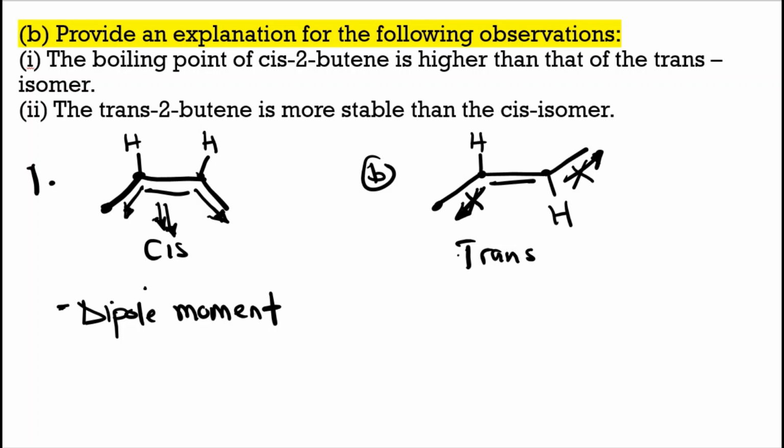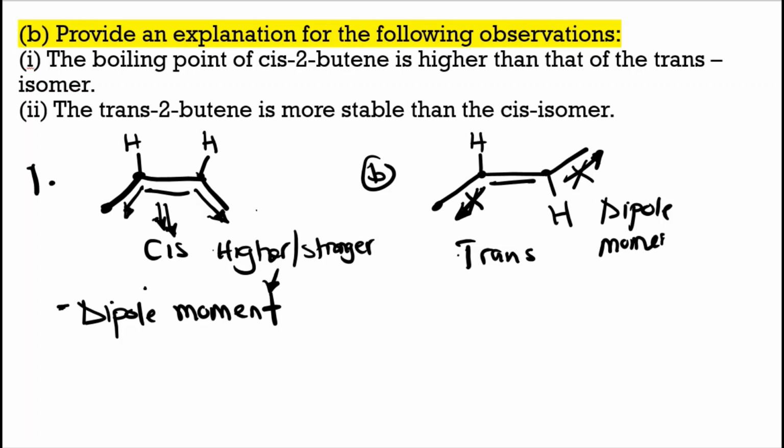So the reason why the boiling point for cis-2-butene is higher than that for trans-2-butene is because the dipole moment here is stronger. For the trans, the dipole moments cancel. They are equal to 0.